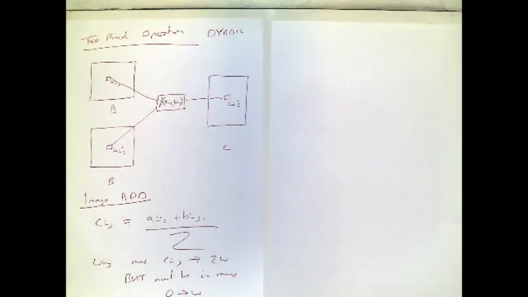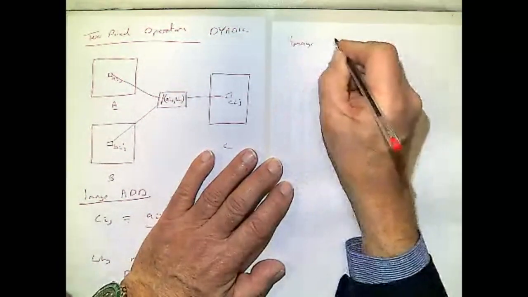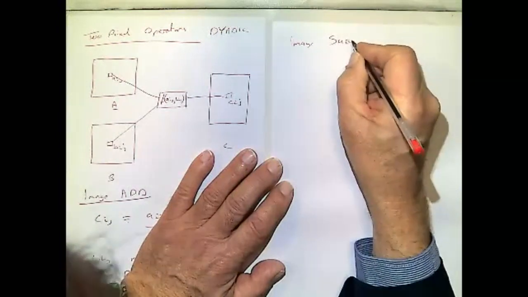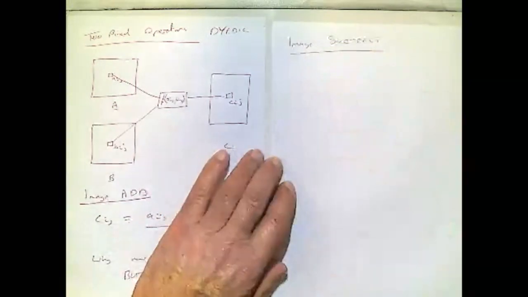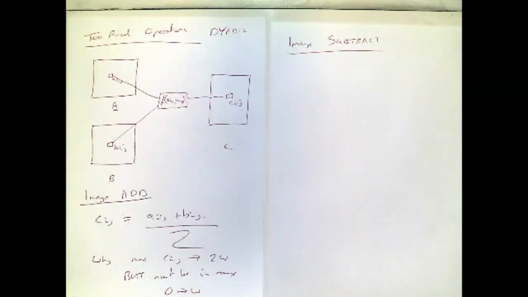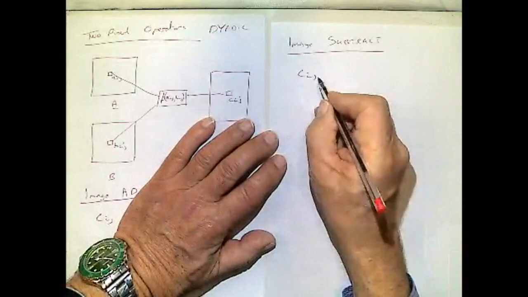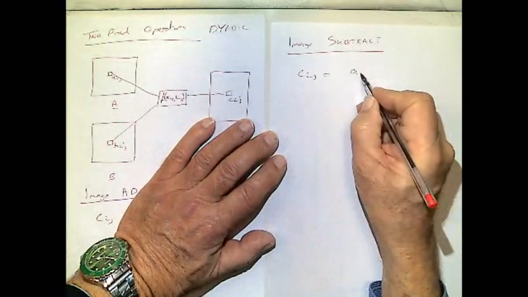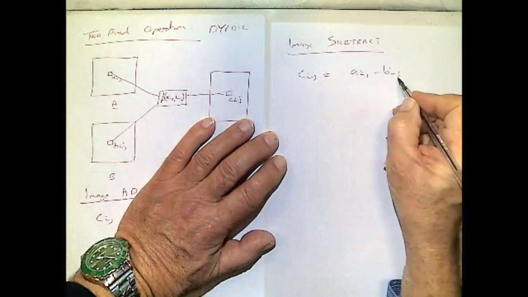If we've got image add, guess what? There's image subtract. And image subtract, Cij equals Aij minus Bij.